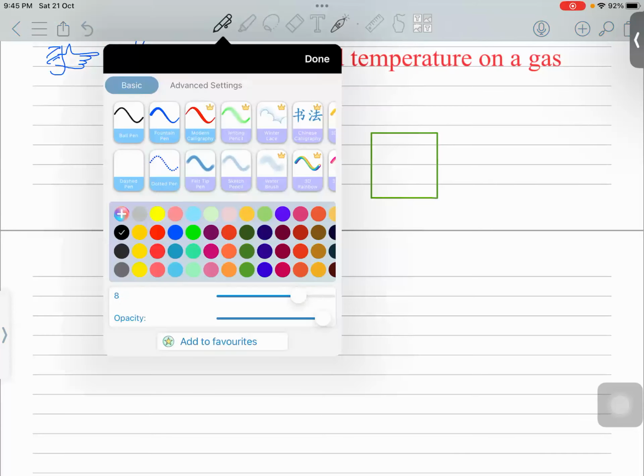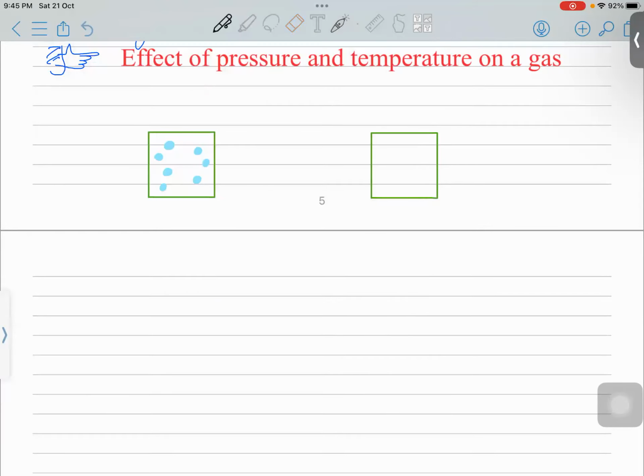Here you insert a thermometer. Temperature is, let's suppose, 30 degrees centigrade. This is before heating.